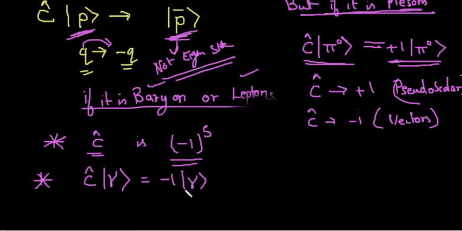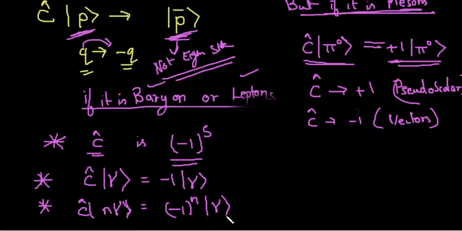And the charge conjugation of n gamma particles released will be minus 1 to the power n. So these three points you need to remember: charge conjugation of gamma is negative, and charge conjugation of n gamma is minus 1 raised to n.